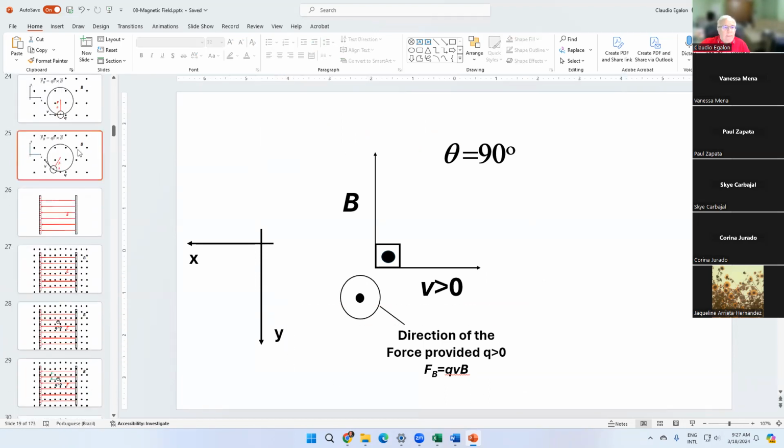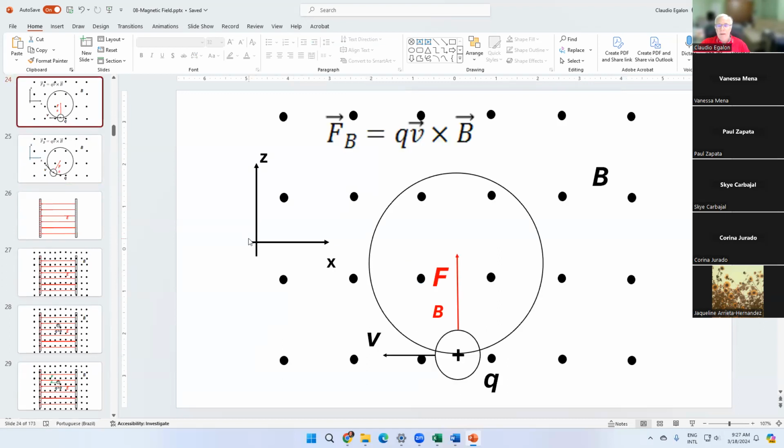So here you go. X anti-parallel to the V vector. If you do the right-hand rule, Z cross B, the Y-axis is into the board.